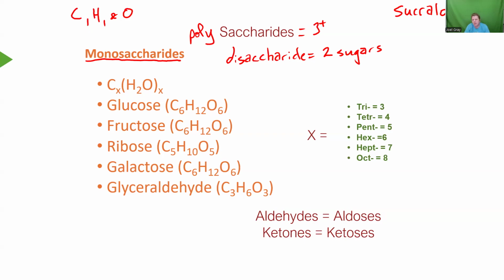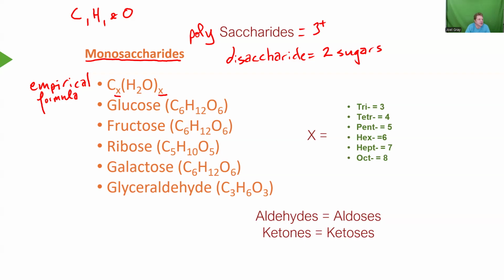But that would be an exception to the rule as opposed to the letter of the law. So when we talk about monosaccharides having pretty much nothing but carbon, hydrogen, and oxygen, we have what's known as an empirical formula. An empirical formula, or basically a basic ratio, that is C sub X and then H2O sub X.